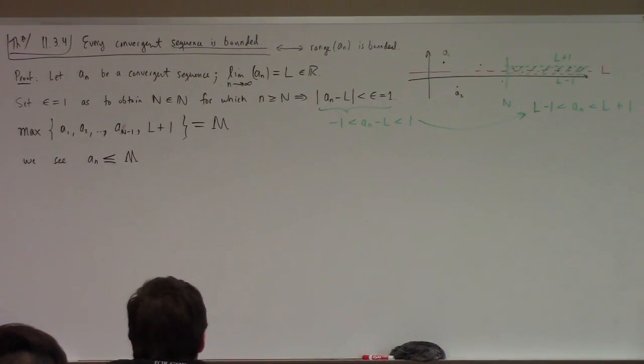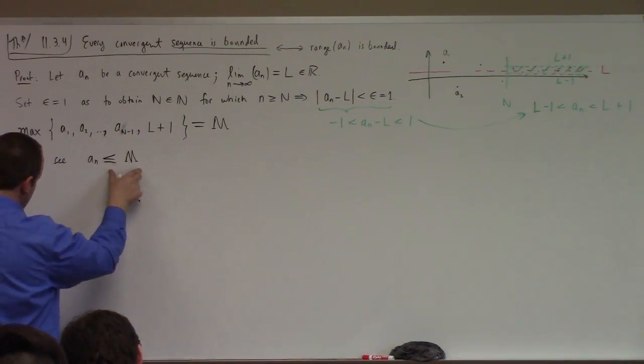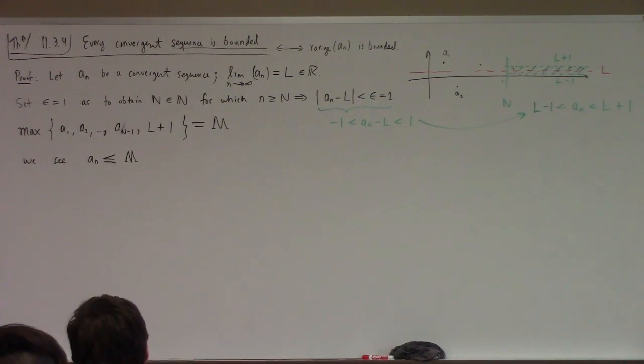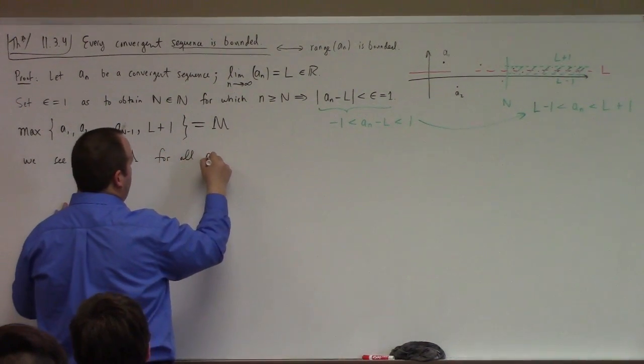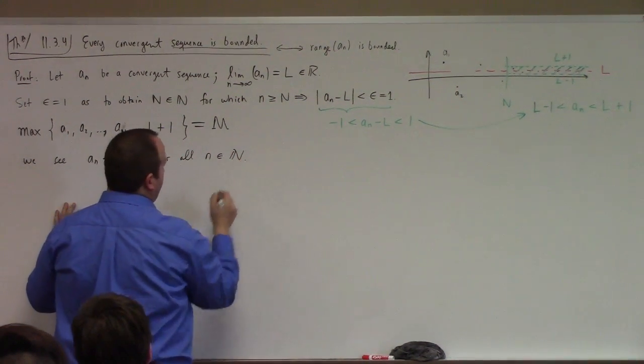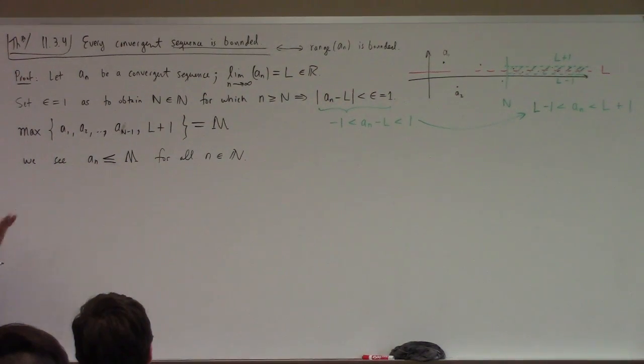But anyway, A sub n is less than or equal to M for all n in the natural numbers, which is to say that M is a bound for the range. So the sequence is bounded above. How would you show it's bounded below?